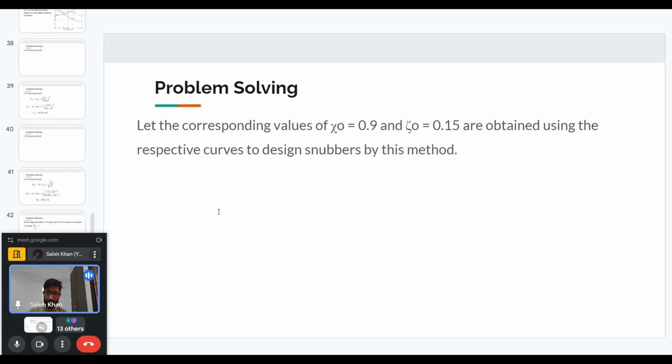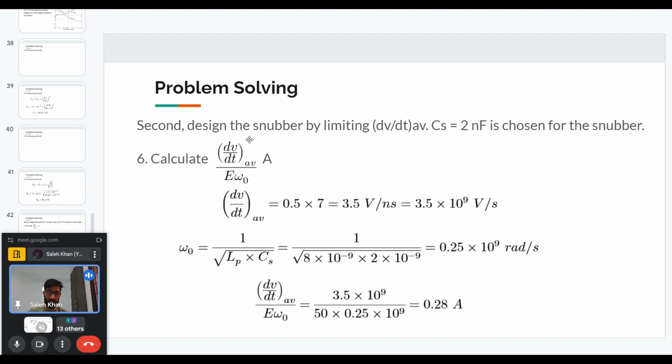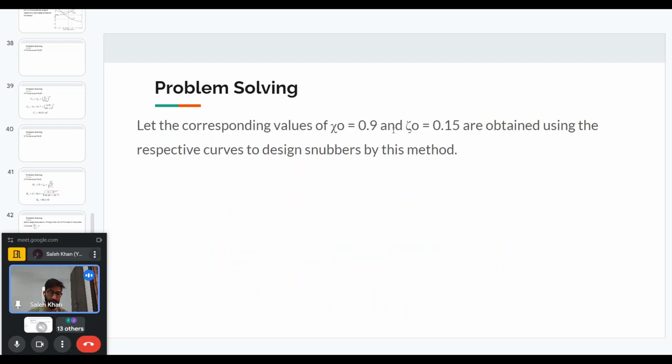Just like we saw in the previous case, you use the value in the graph and find chi naught and zeta naught. In the question it is just given as some value of zeta naught and chi naught. It may not be exactly what is found from the graph, but the actual method is, once you find this value, you go to the graph and find the value of chi naught and zeta naught.